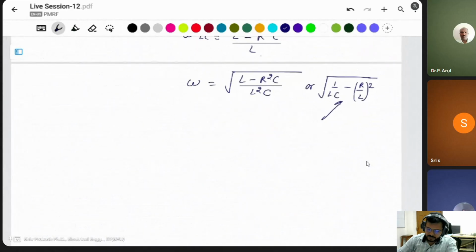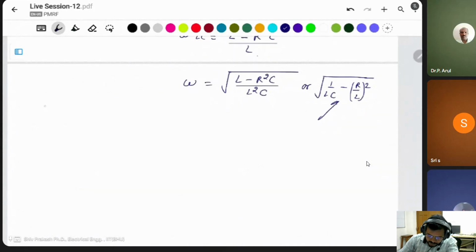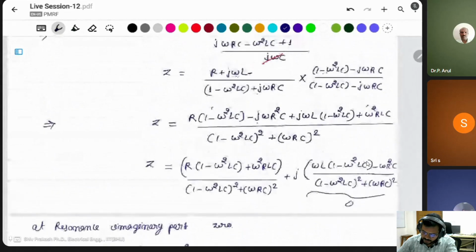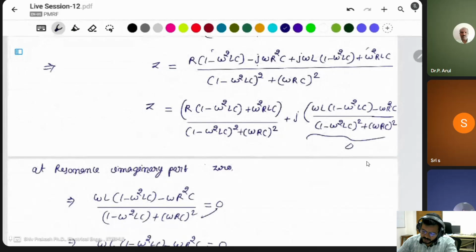Now you have to find the dynamic impedance, Z dynamic. You know that Z dynamic is the real part of this. Real part is this one.